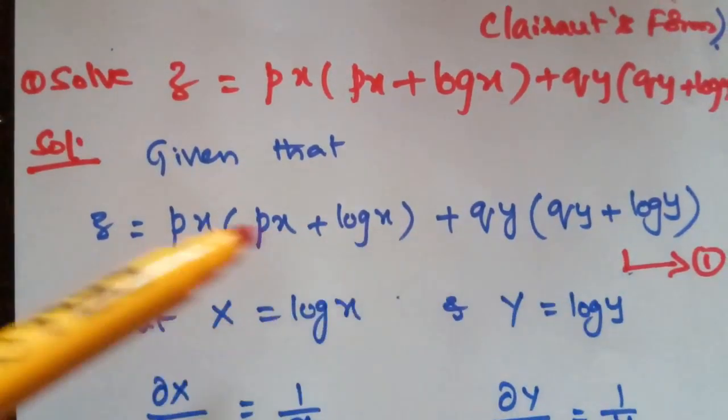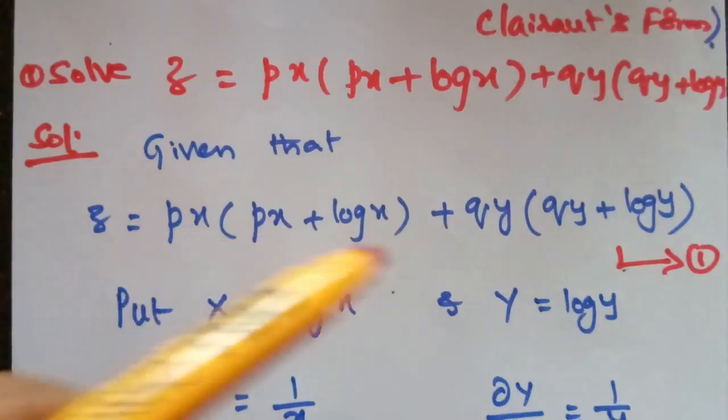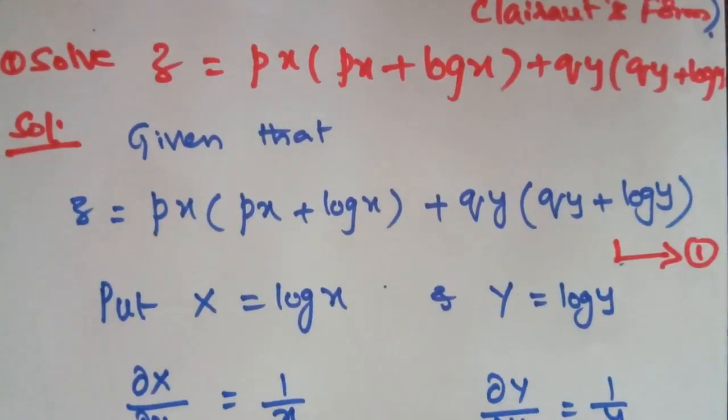See, in the given problem we have p into x, q into y, p into x, q into y, and log x, log y. We can substitute those values in equation number 1.